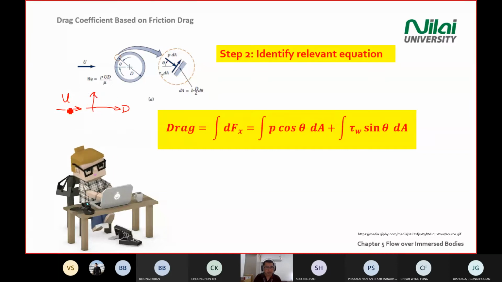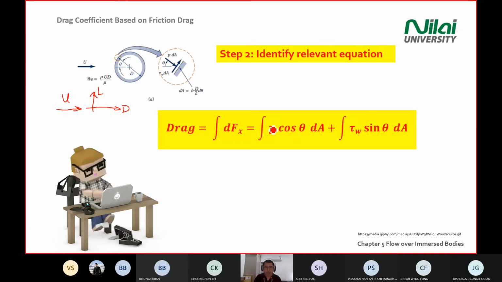All the forces perpendicular to your upstream, we call it lift. So in this question, it asks you to find drag coefficient, so we only focus on drag. If the question asks you to find lift coefficient, then you use the lift equation. So for this question, we focus on drag.